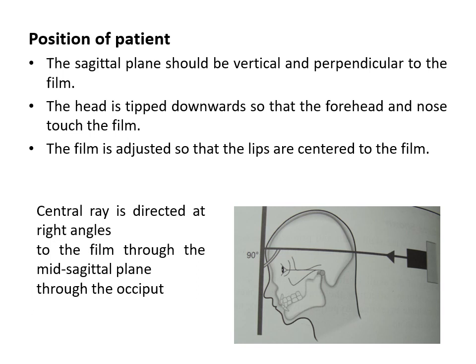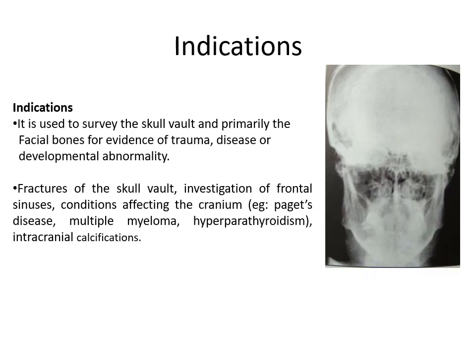Let us discuss the indications of the skull view, where we are supposed to take this postero-anterior skull view. It's mainly used to survey the skull wall, primarily the facial bones, for evidence of trauma, disease, or any developmental abnormality.